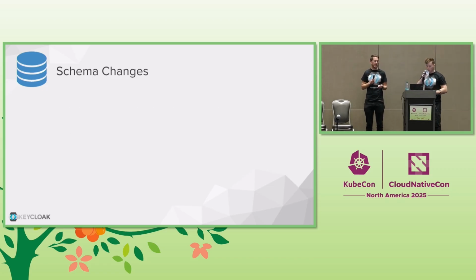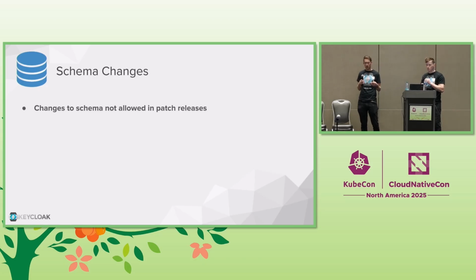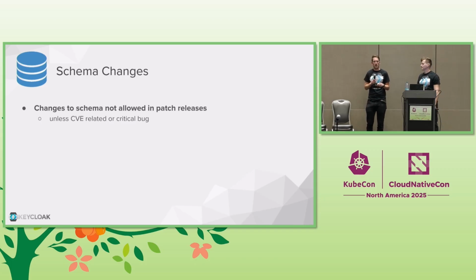Our solution here is not a technical one. It's more of a project limitation we're imposing on ourselves. We're saying for Keycloak patch releases, we're not going to allow changes to the database schema. The exceptions being CVE-related or critical bug fixes.